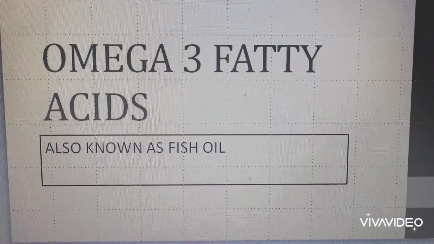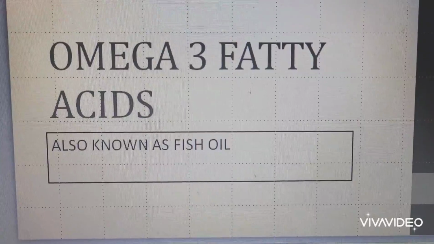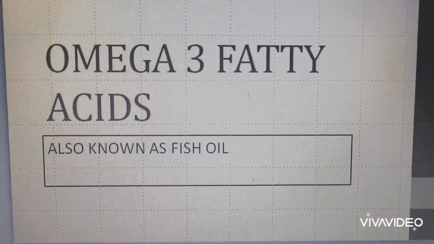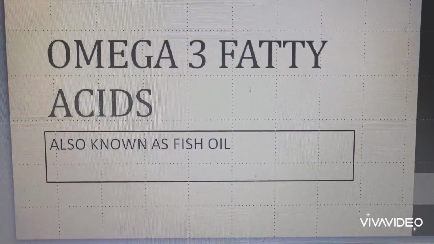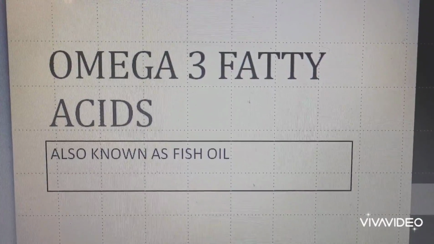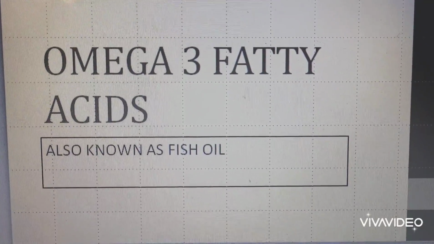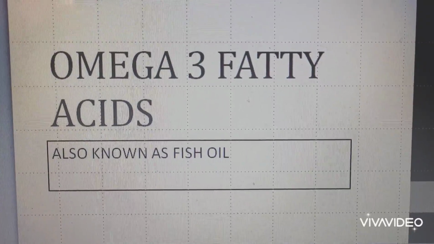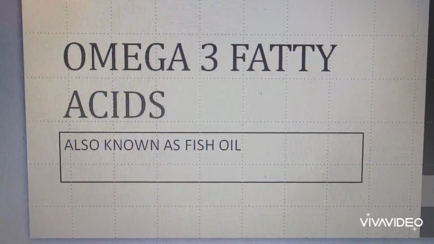So I just wanted to do this because seniors are always asking, what is this for? Or do you think this is any good? And I just wanted to kind of let you know exactly what fish oil does. Okay. And as always, with anything, do not take this as gold.